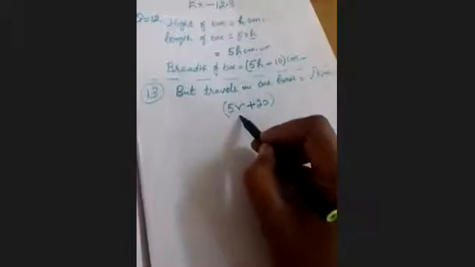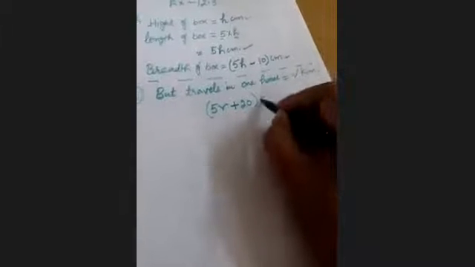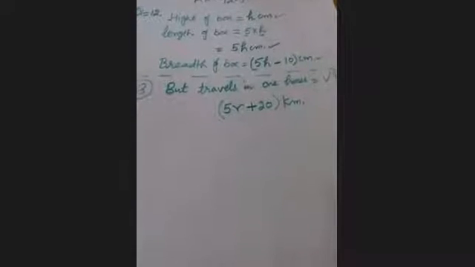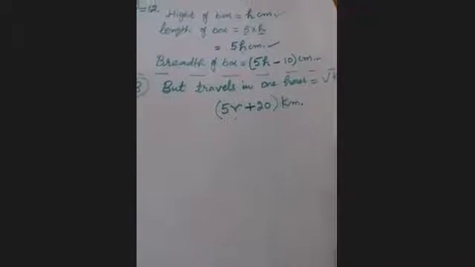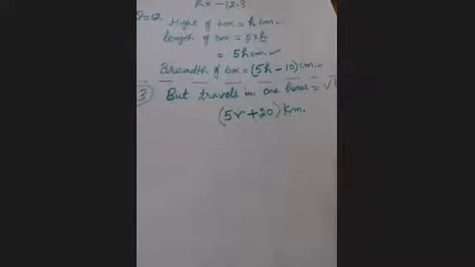So the distance from Delhi to Jaipur is 5v plus 20 kilometer. Clear, students? Next is question number 14.